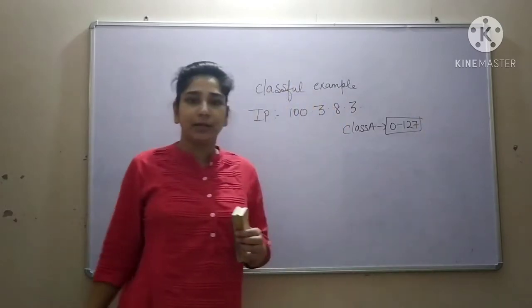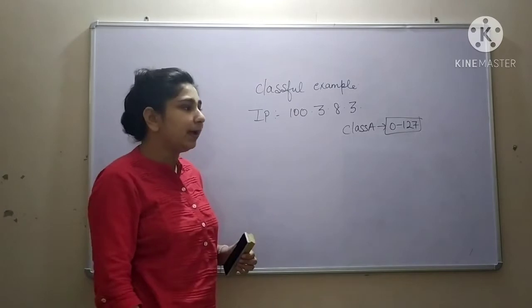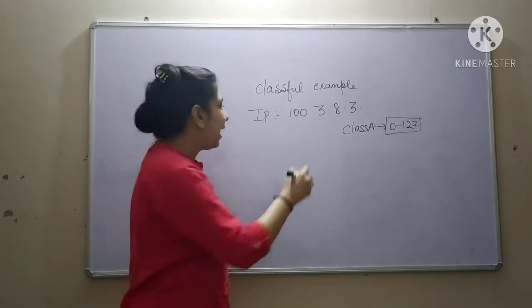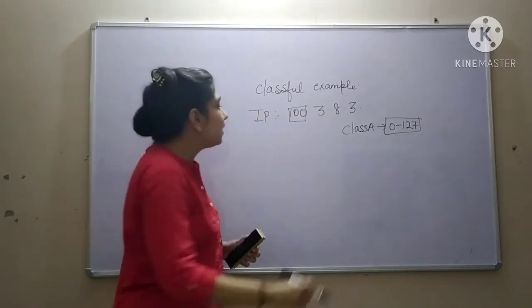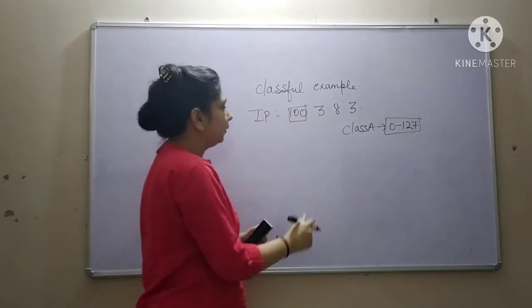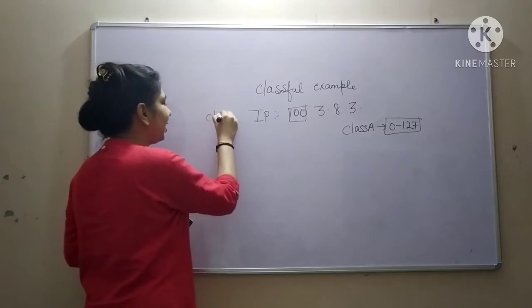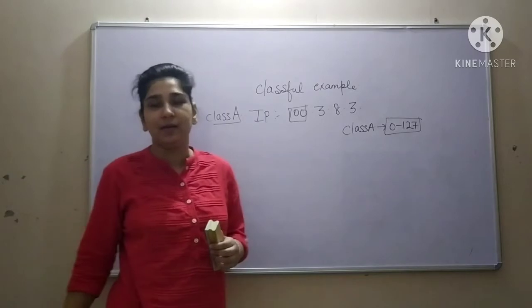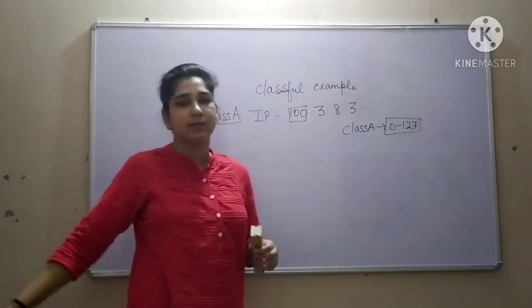The first octet of this IP address, 100, lies in the range 0 to 127, so this IP address belongs to class A.